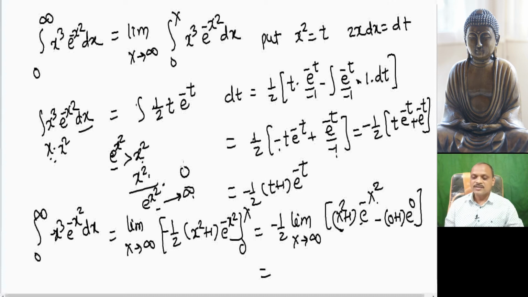So minus 1 by 2 into this term will be 0 at infinity, and hence we have now minus 1. Minus minus becomes plus, and we get 1 by 2. So this improper integral will now be 1 by 2. In this manner we can evaluate improper integrals when the range of the integration is infinity.